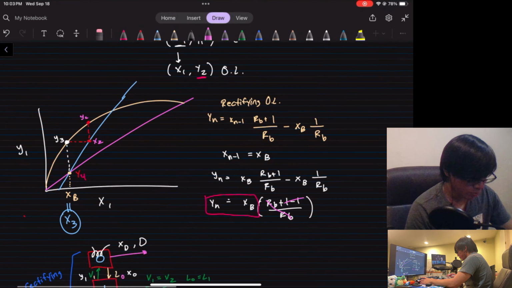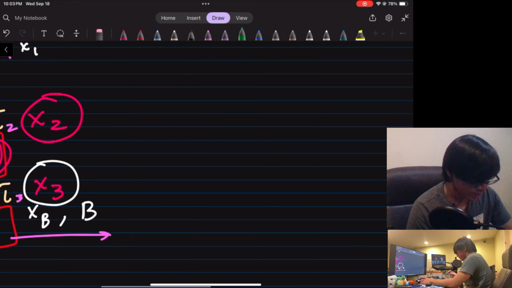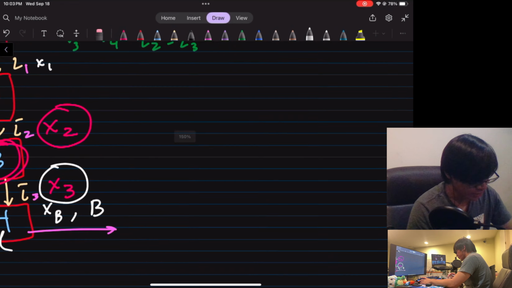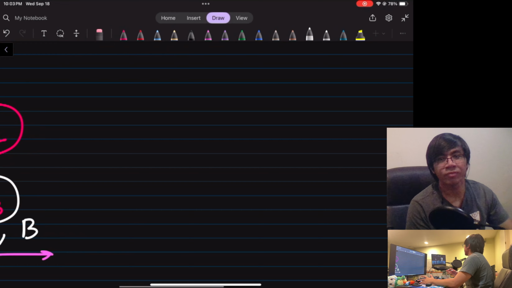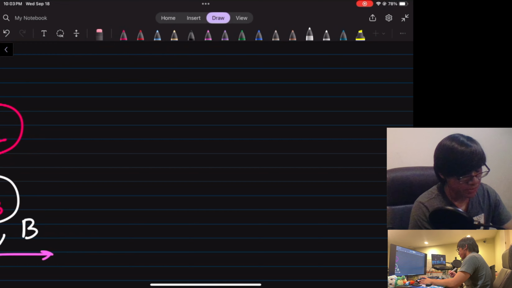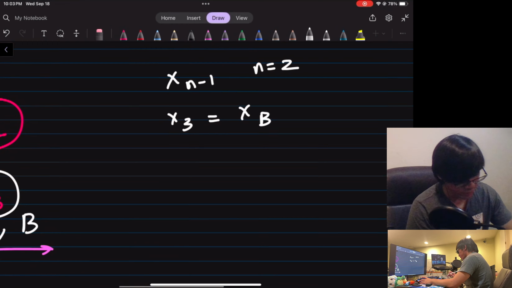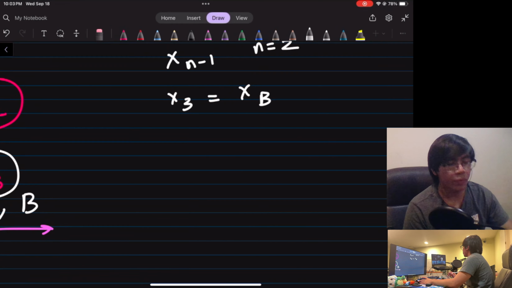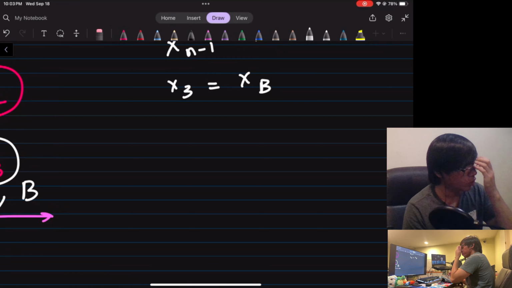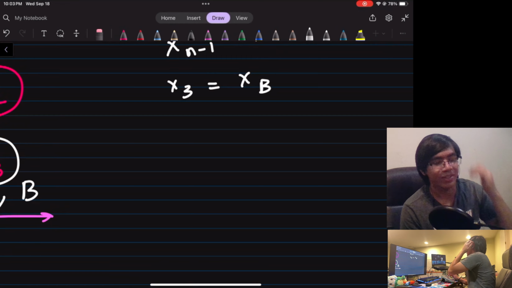Again, we're going from one point to another; that's the general understanding of this thought process. So again, we said our x n minus 1. In this case, if x was 3, well, n had to be 2. So x3 was equal to our xB, our boil up molar fraction leaving the system.